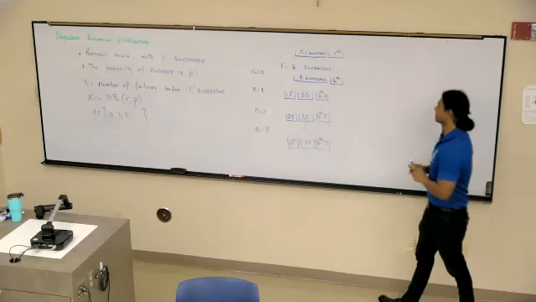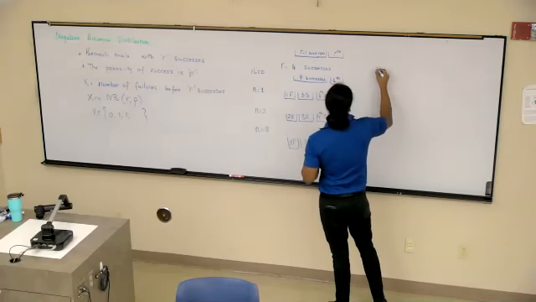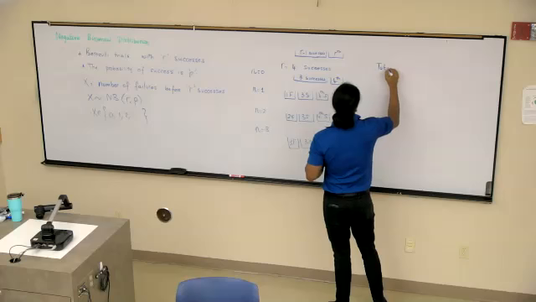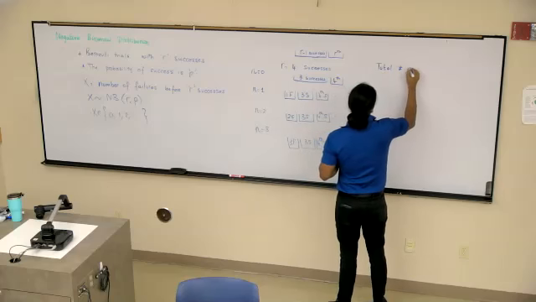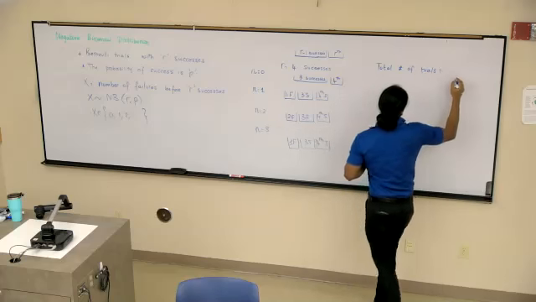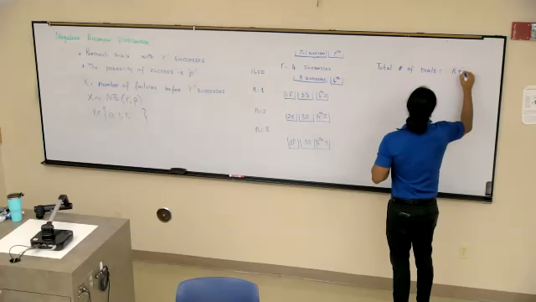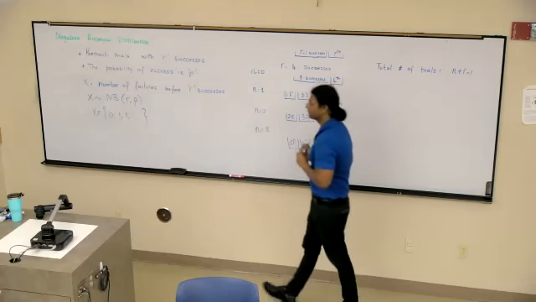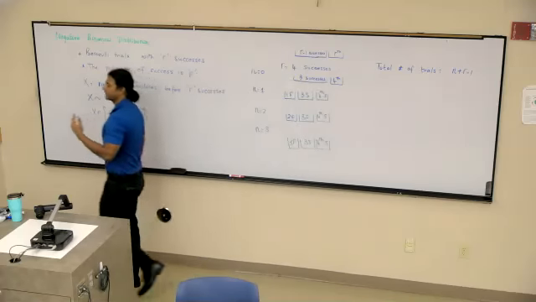So in total, the total number of trials we have is simply n plus r minus 1.